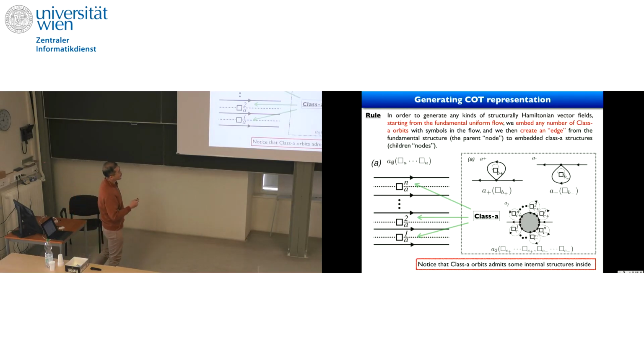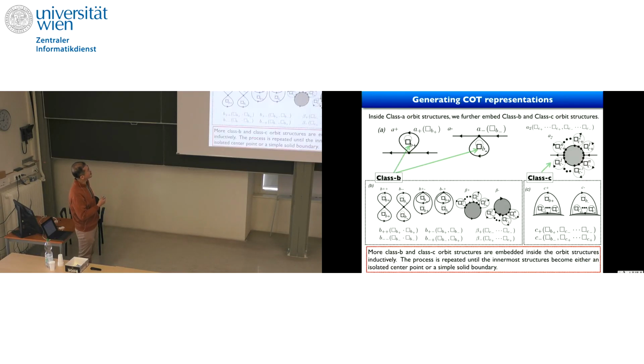As you can see, in each class A orbit there are other regions where we can embed a special structure like this. So then we introduce other structures called class B and class C. For the class A structure, we can embed either of these patterns inside this domain. And with this structure, we can attach this class C structure at any location on the boundaries.